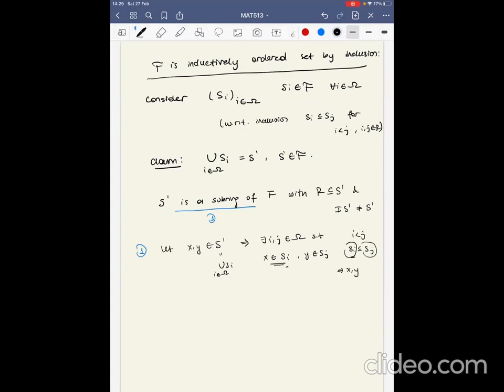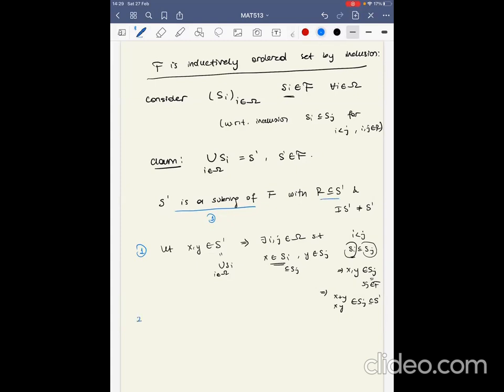In this case, we can view x as an element in S_j. And since this is a chain in curly F, S_j is a subring of F. And it shows that the sum and multiplication are also in S_j, consequently in S prime. And this shows that S prime is a subring.